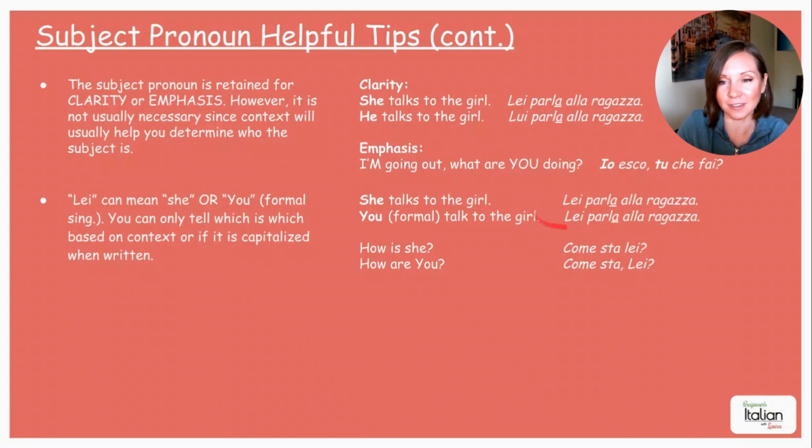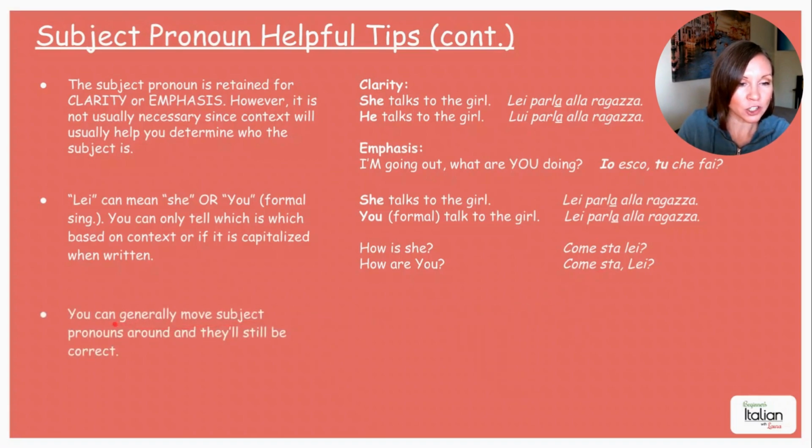No, you shouldn't because there is no difference. And then we have "how is she?" Come sta lei? Or "how are you?" Come sta Lei? So you can tell the difference when it's written out because it's usually capitalized. But if you're just speaking, you have to rely on context. So you'd have to kind of know if they're talking to you or if they're talking about a girl.